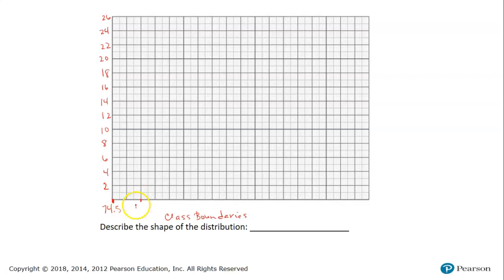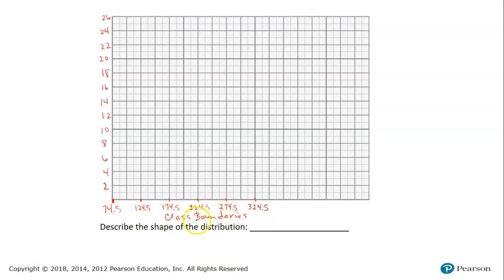The next one was 124.5. The next one was 174.5. And then 224.5, 274.5, and then 324.5.